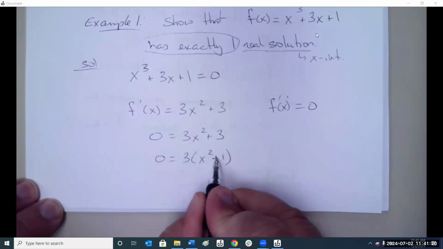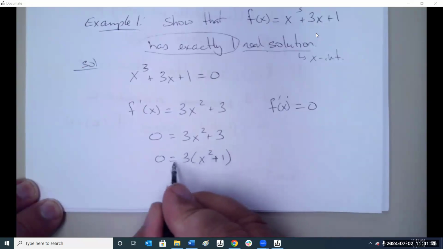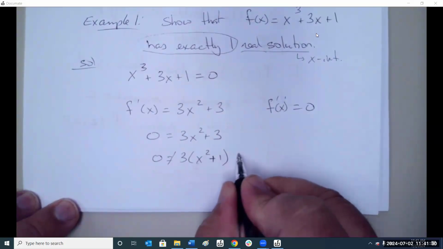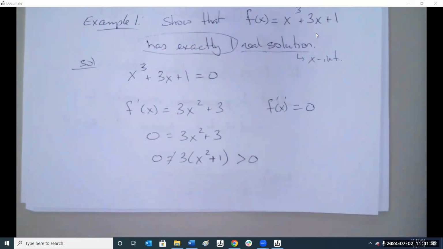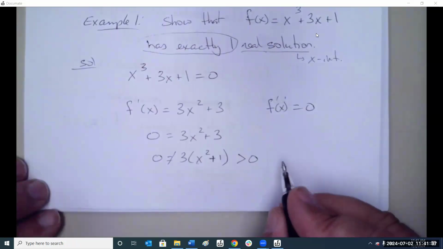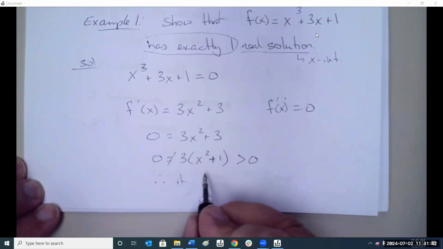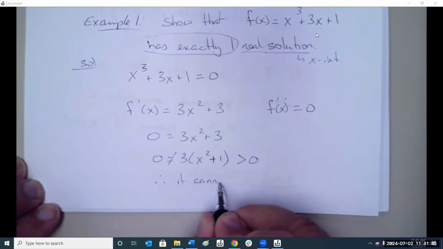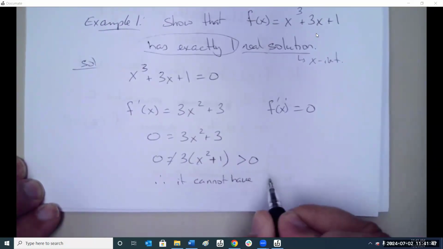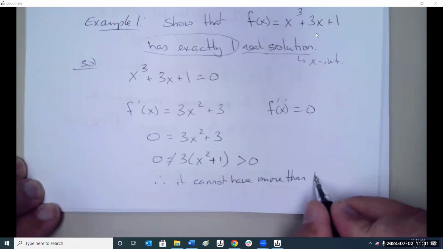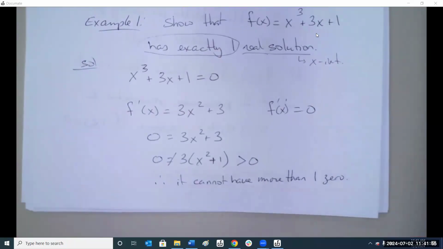We see that this equation is impossible because x squared can never be negative to make it 0. So it will never equal 0. In other words, this expression is always greater than 0. So therefore, it cannot have more than one zero. This is an increasing function.